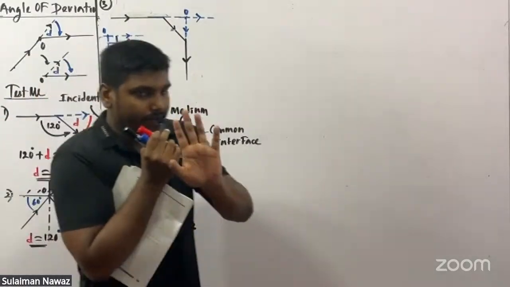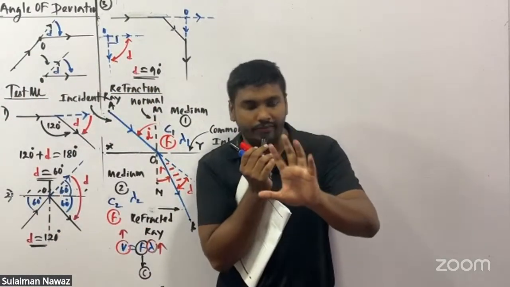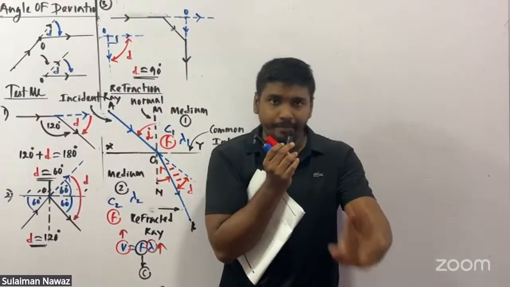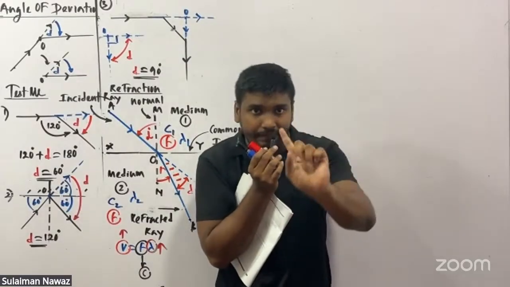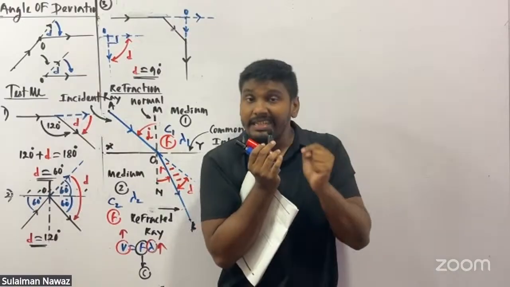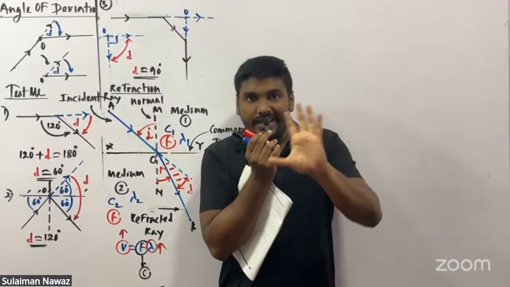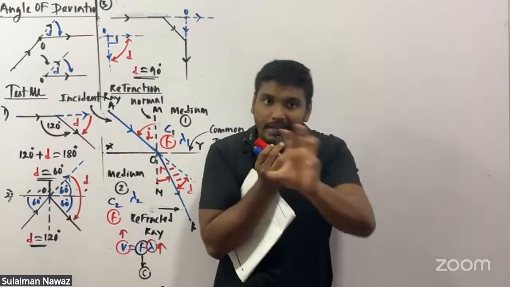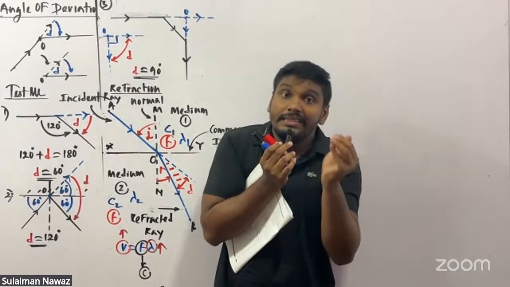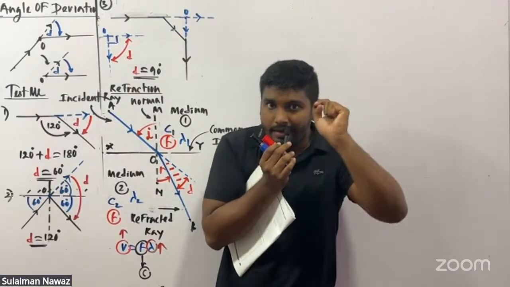Now remember, many still have confusion about medium 1 and medium 2. Always we put as medium 1 the medium where the light ray enters first; in other words, medium 1 is the medium where the incident ray exists.